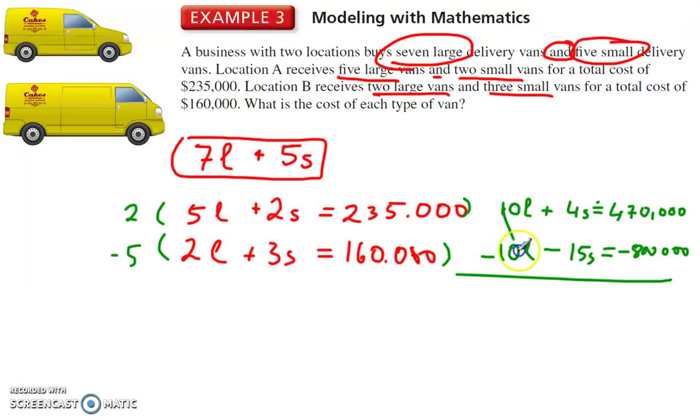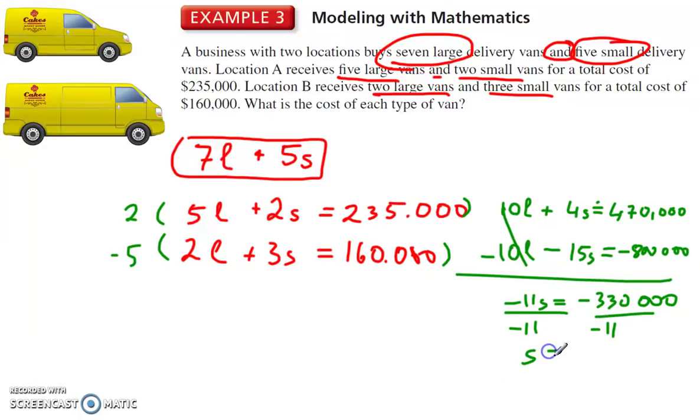All right, tally that up. 4 minus 15 gives me negative 11s is equal to negative 330,000. We're going to divide that by negative 11.